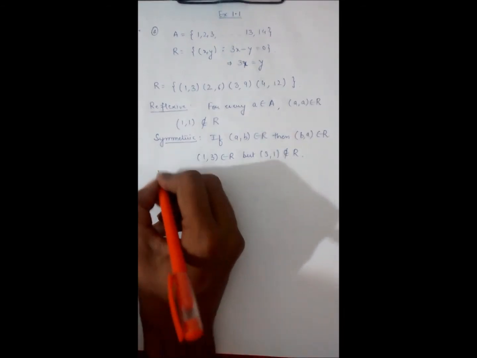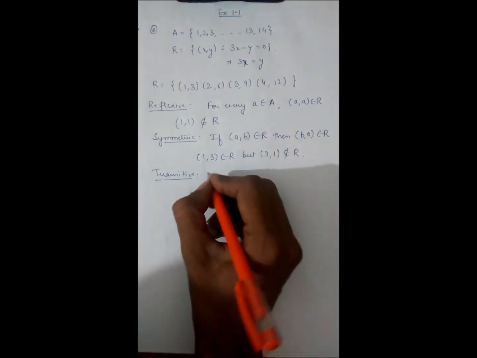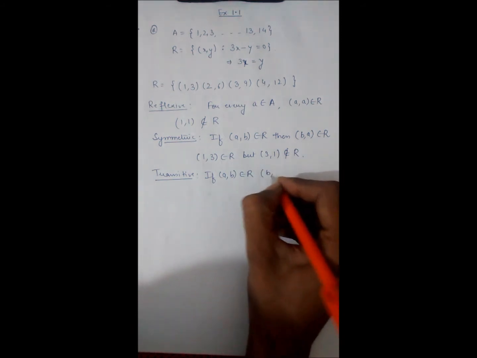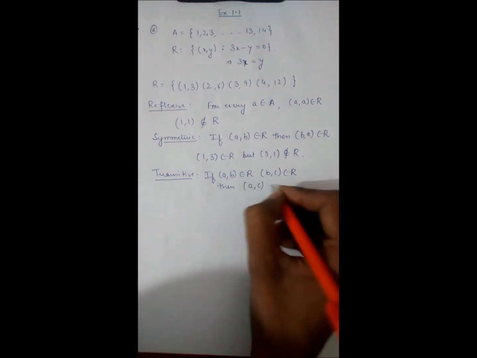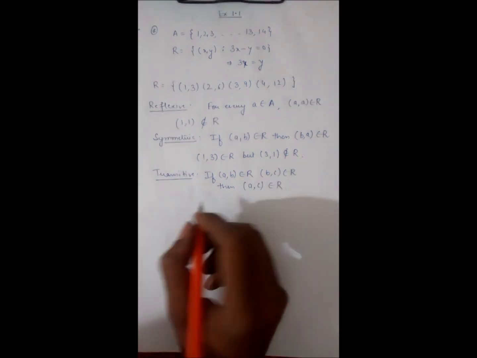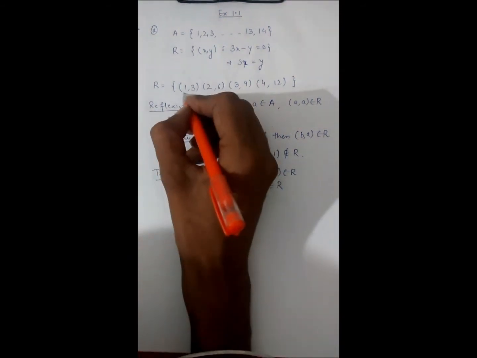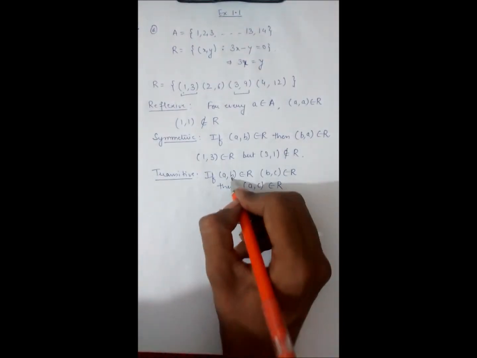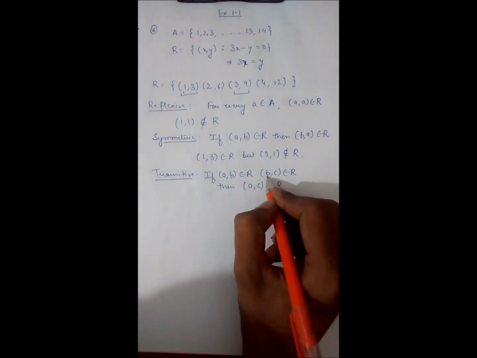Okay. Now transitiveness. What does this say? If (a, b) belongs to R and (b, c) belongs to R, then (a, c) should belong to R. Let us choose this as my (a, b), then I am bound to choose this as my (b, c), because the second coordinate in the first element should become the first coordinate in the second element.